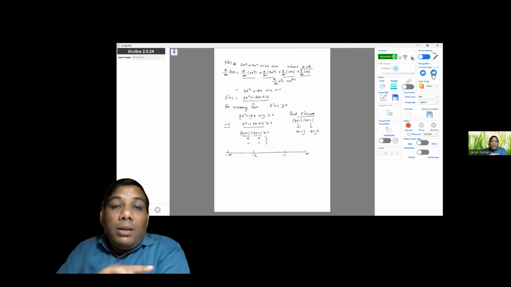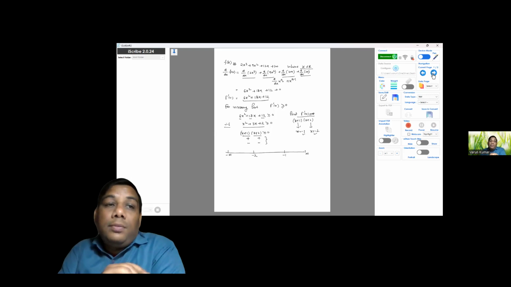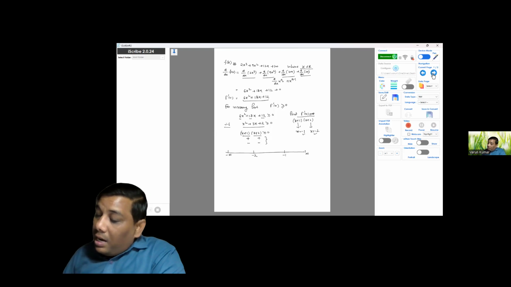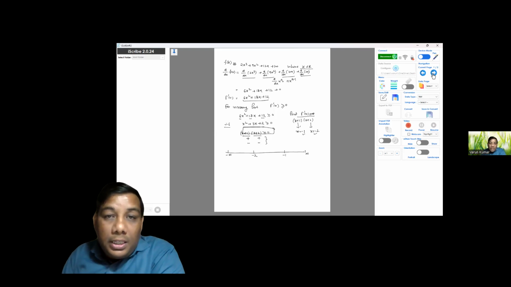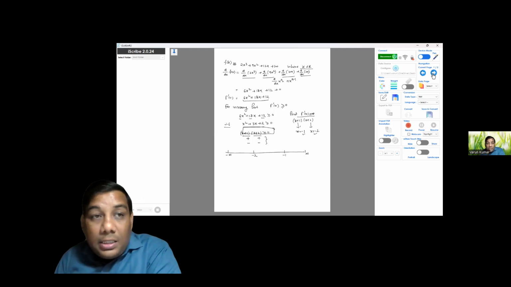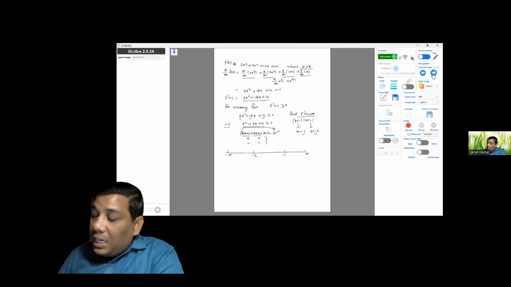Now consider one value which is greater than -1 and find out whether the product of (x + 1)(x + 2) is positive or negative.